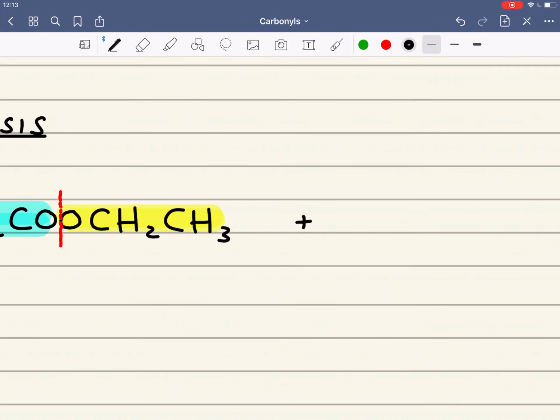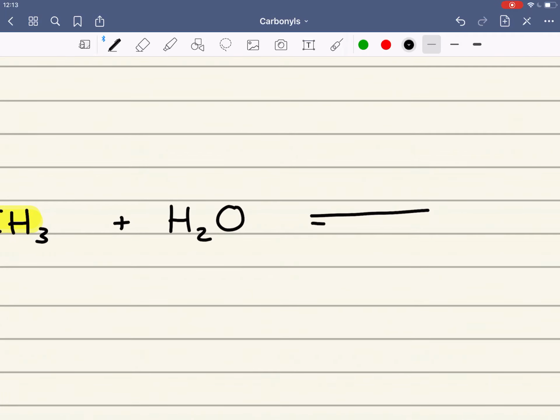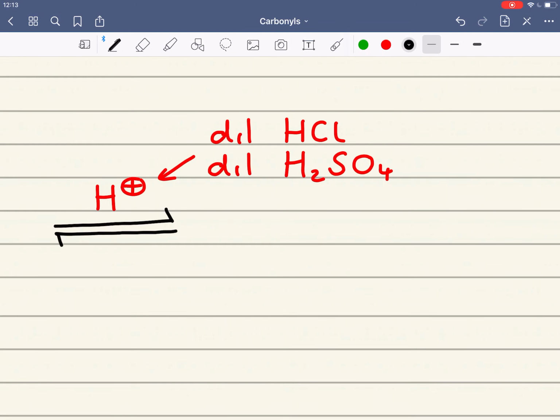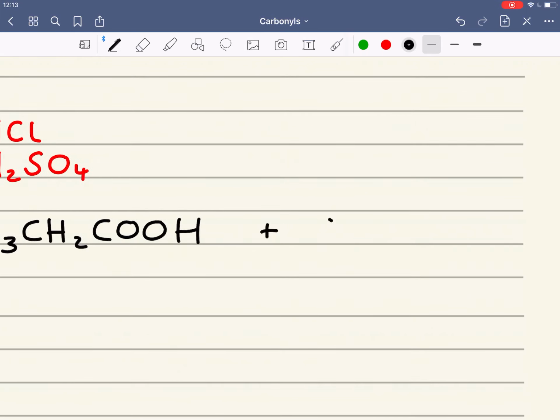Now, we add H2O. The key with acid hydrolysis is this reaction is reversible. I'm just going to put H plus, and this is either dilute HCl or dilute H2SO4, and that is going to form then my acid and my alcohol.